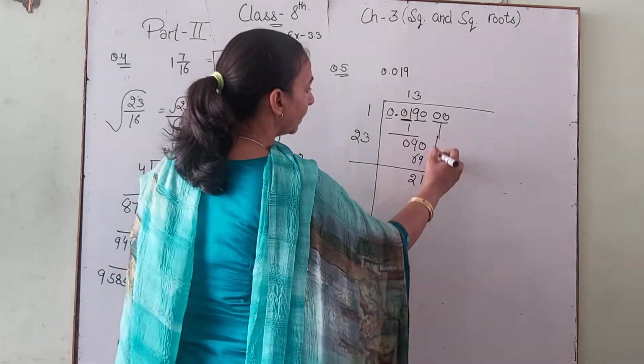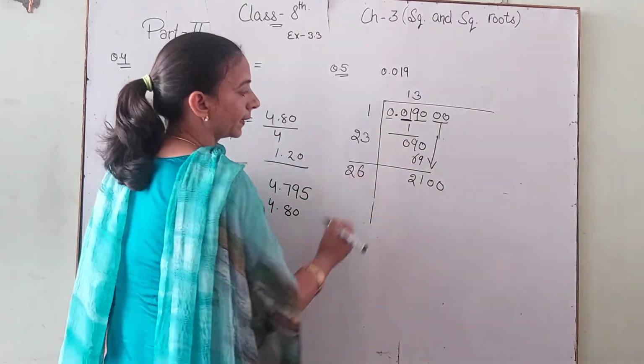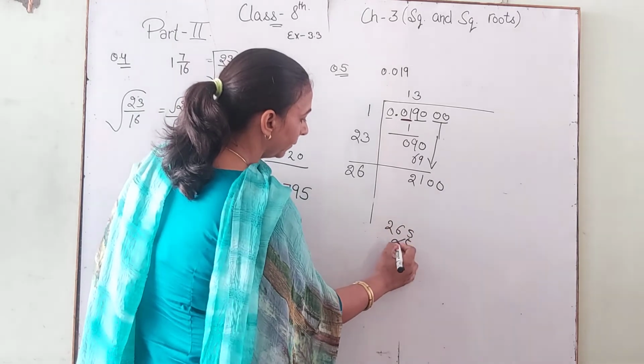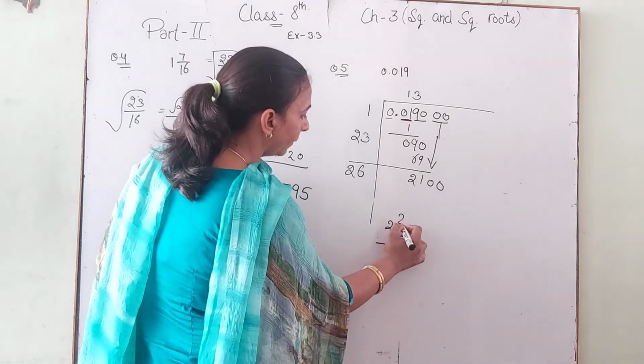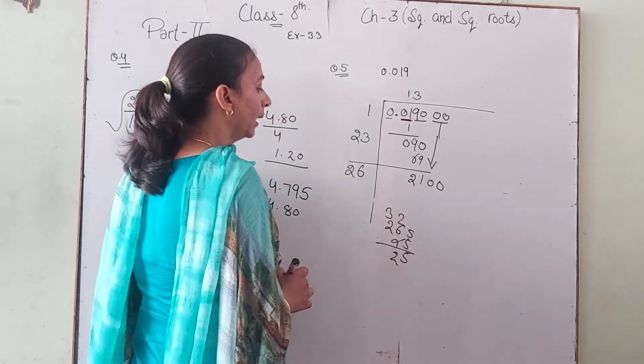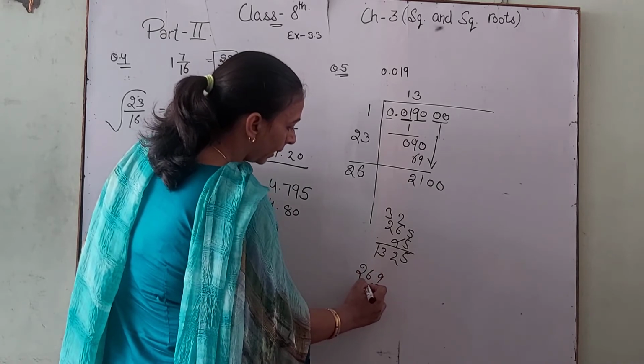Again we take this complete pair of zeros and double of this, 26. Okay. Next 6, if you check with 5: 5 fives are 25, then 2, 6, 5 sixes are 30, 32, 3, 5, 2, 10 and then 13. Again we check with 9.